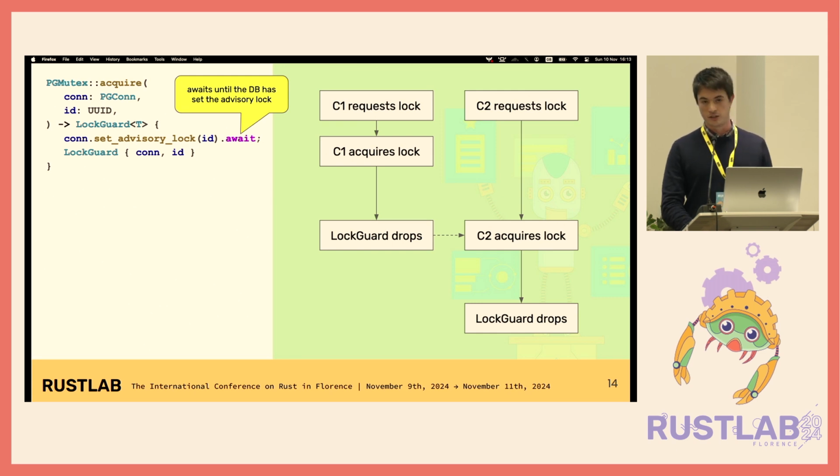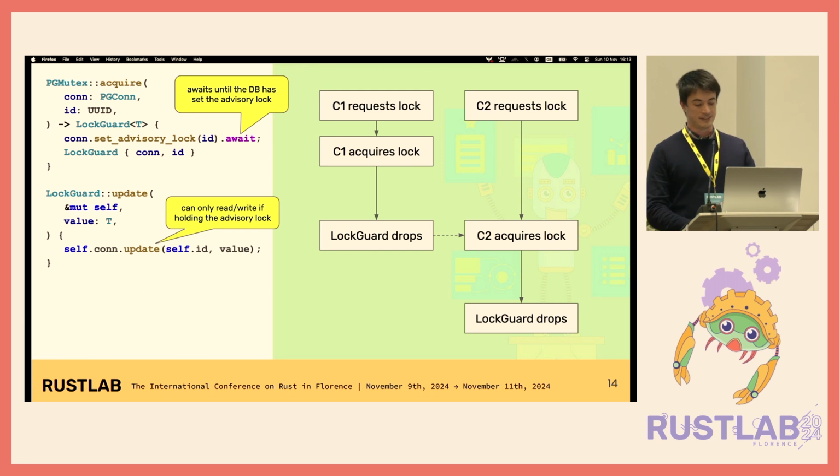Here we just connect to the database, and the database is going to respond when the lock is successfully acquired. This relies obviously on some feature of Postgres, but the idea is that after you've managed to set the advisory lock, then you can say, well, I do have access to that resource and no one else should be writing to it.